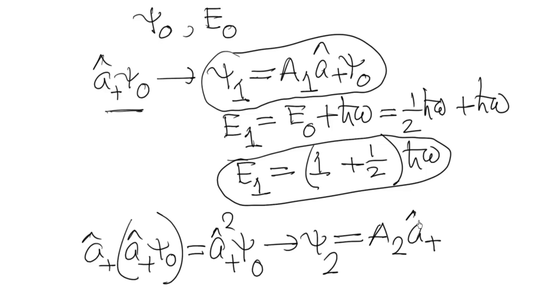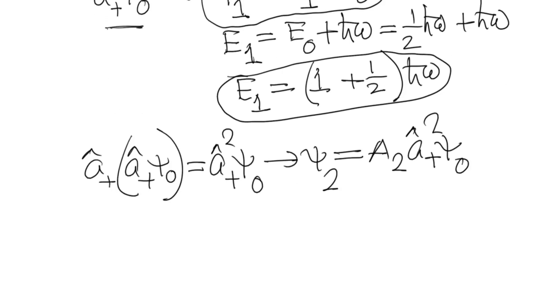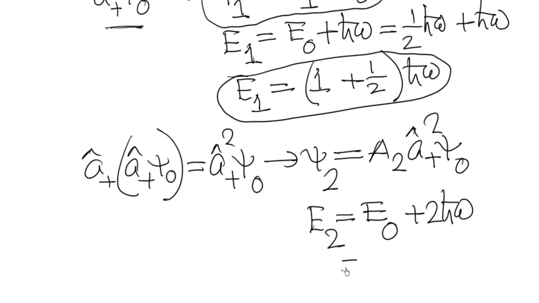And the energy of the second excited state is E2, which will be E naught plus 2 h cut omega, that is half h cut omega plus 2 h cut omega.